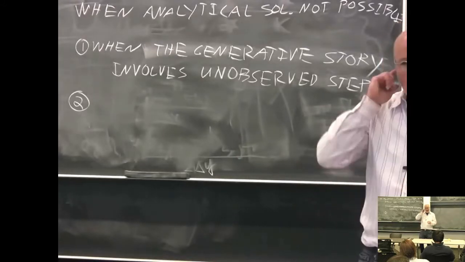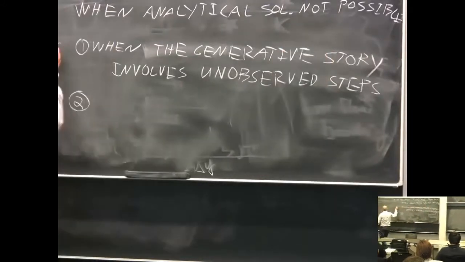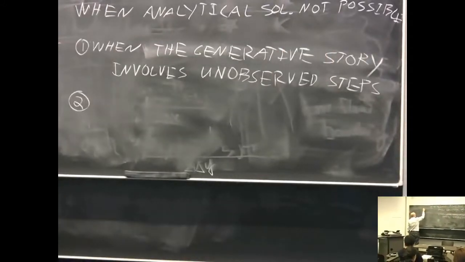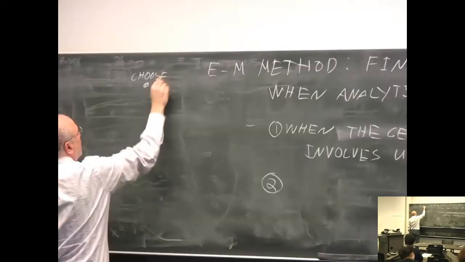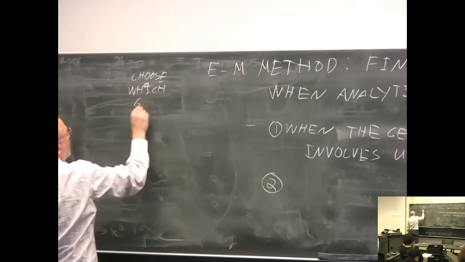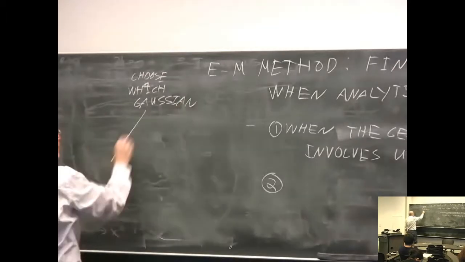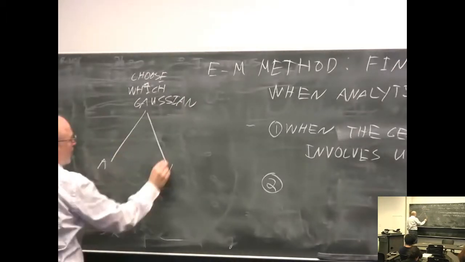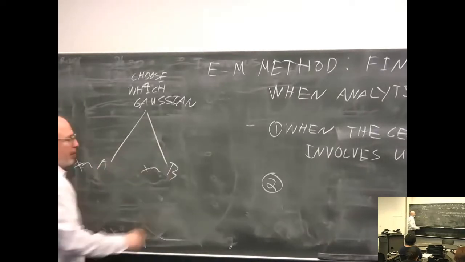So the example I gave for the first one was of the two Gaussians. Choose which Gaussian, choose A or B, and then draw x from A or draw it from B. Remember that?